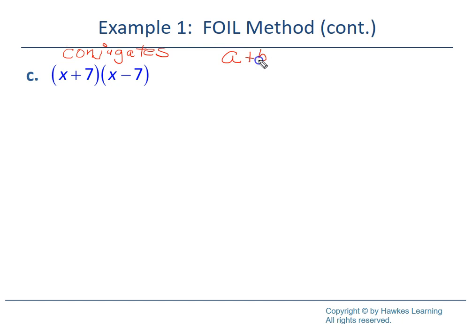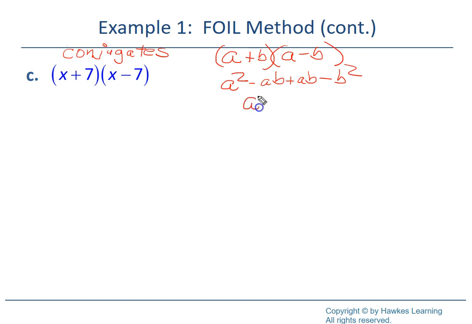And we often illustrate it this way. A plus B, A minus B. As you FOIL this, you get an A squared. Your outers, a negative AB. Your inners, a positive AB. And your last, a negative times a positive, gives you a negative B squared. So what happens to your middle terms here? Well, they cancel out through subtraction.